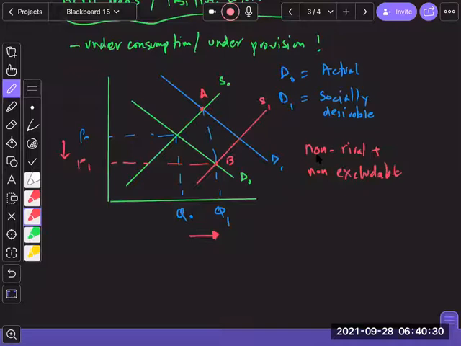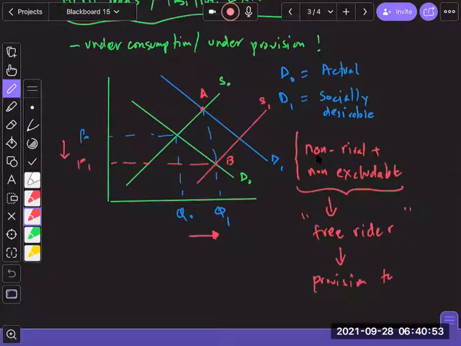Although they have a provision issue, because there is a free rider problem, there is no demand for these goods, and therefore when you give a subsidy, it still will not solve the problem, because the government has to provision the good completely. So the government has to provision the good completely because the market has no provision.